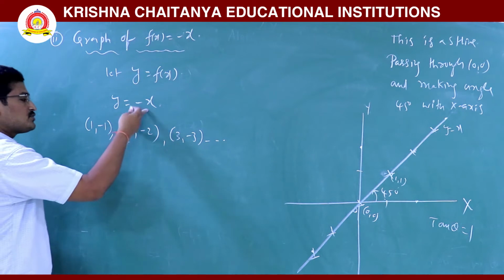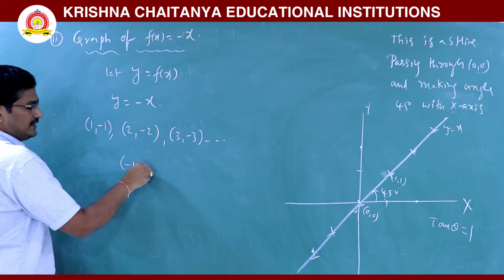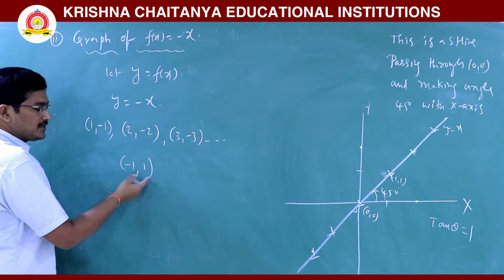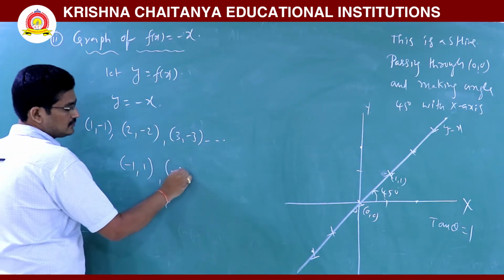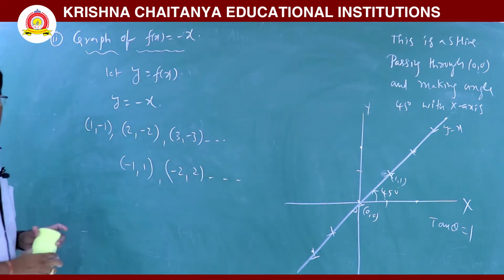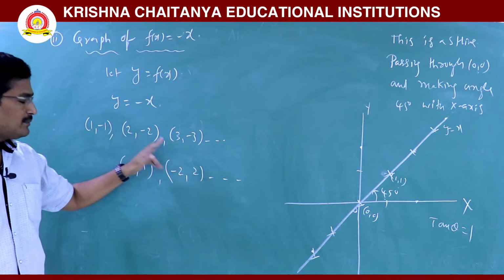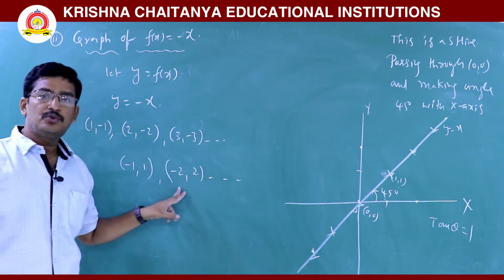Suppose x equals minus 1, y value is 1. Abscissa negative, then ordinate is positive. x equals minus 2, y value is 2, and x 0, y 0. So every point on this line is of the form 1 minus 1, 2 minus 2, 3 minus 3, minus 1 1, minus 2 2.